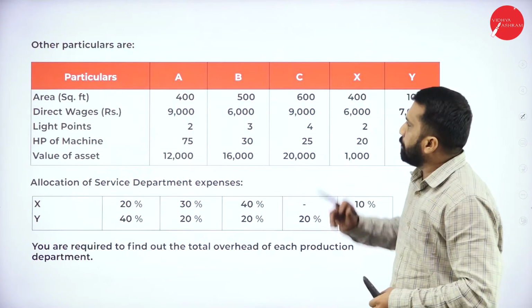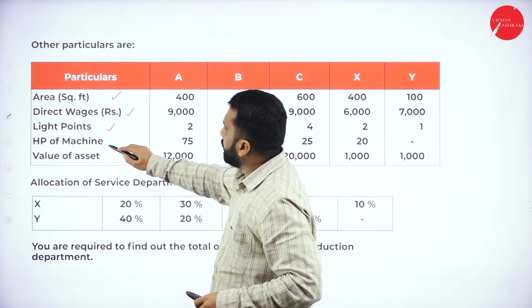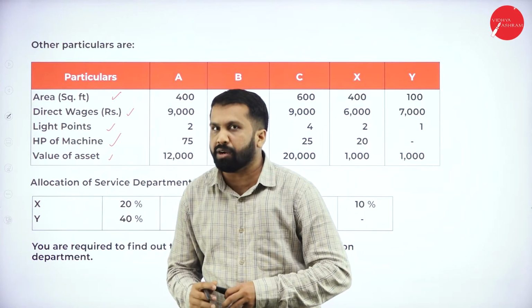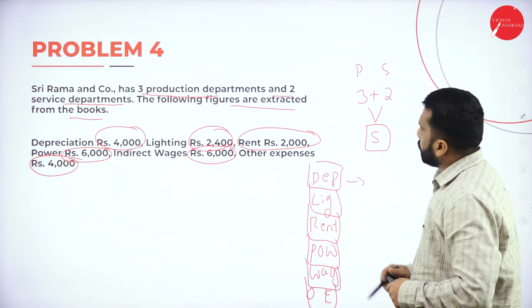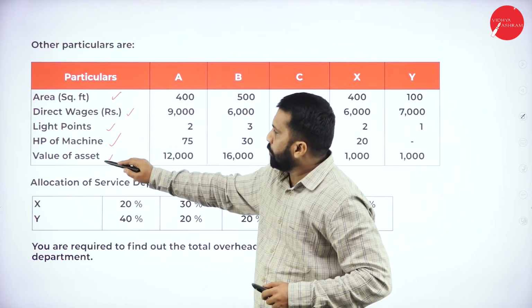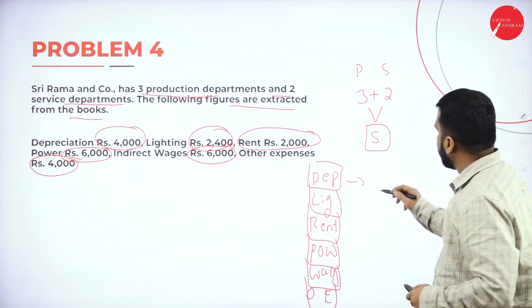See, this is the information they have given: area, direct wages, light point, HP of machine, value of the asset. How to find out? I'll show you. Your depreciation is on what basis? Out of this, which one will come? Value of the asset. Depreciation on value of the asset.